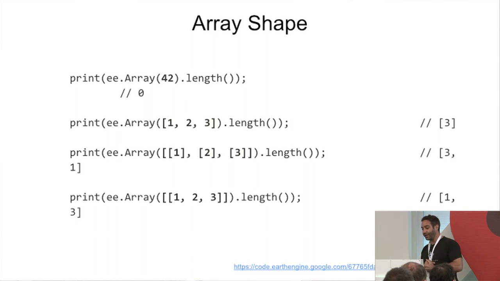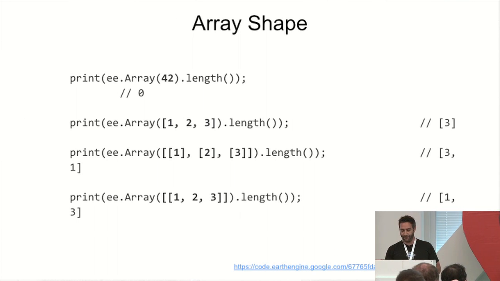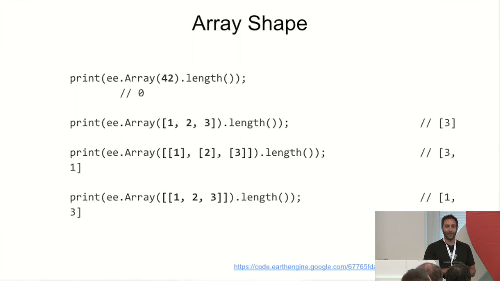So arrays also have shape. So you can determine the shape by calling length on the array. And if you call length on a scalar, you get 0. And if you call length on a length 3 vector, you get that you have a one-dimensional vector, length 3.